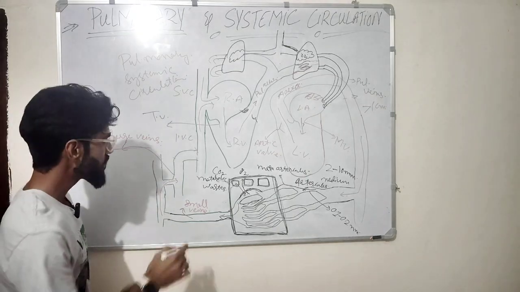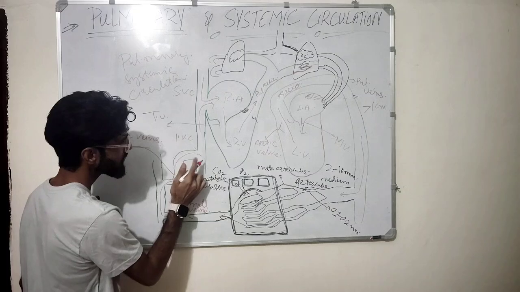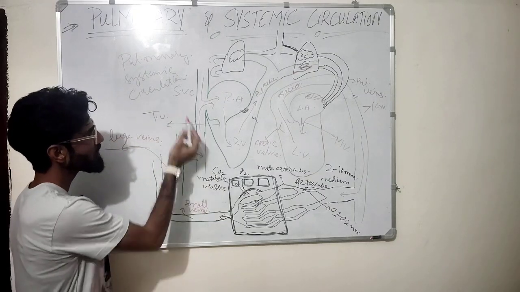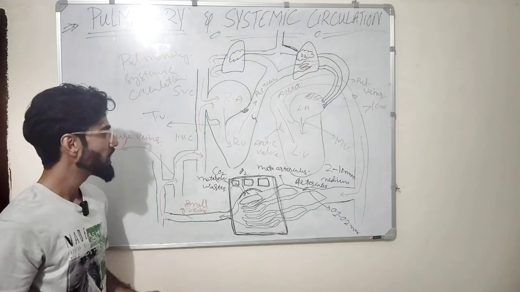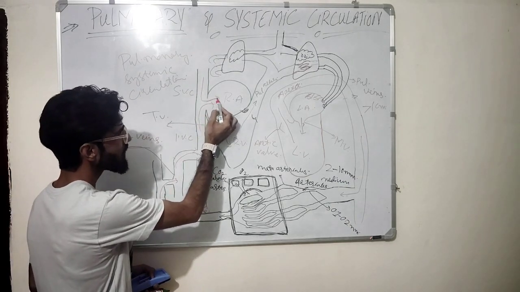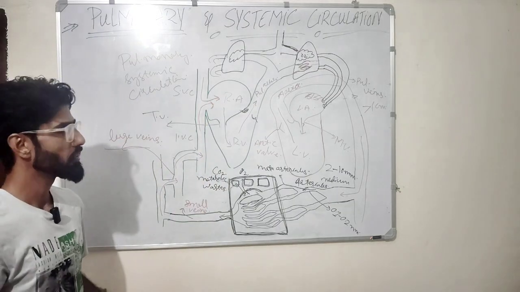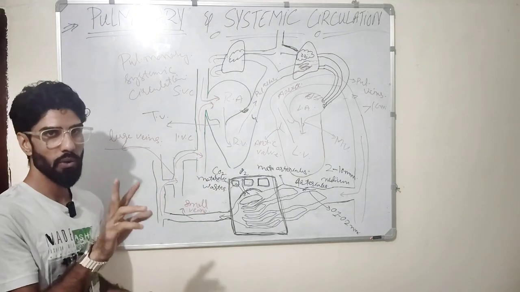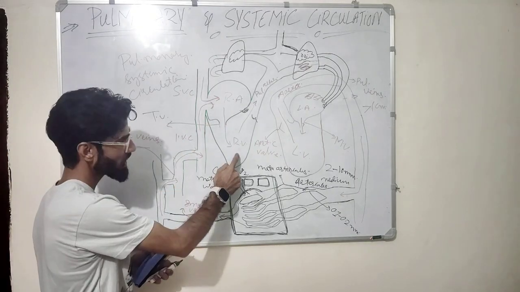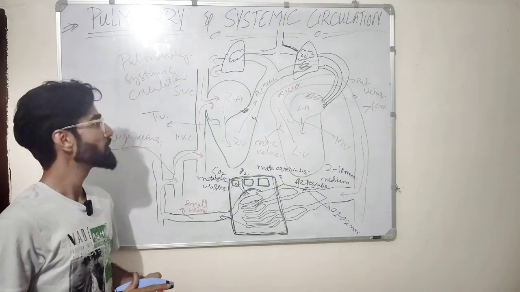From the large veins, blood will pass into the caval system, either the inferior vena cava or the superior vena cava. Then from the inferior vena cava and superior vena cava, blood will again come into the right atrium. Okay, so again from the right atrium it will come into the right ventricle, then again it will go into the pulmonary system.